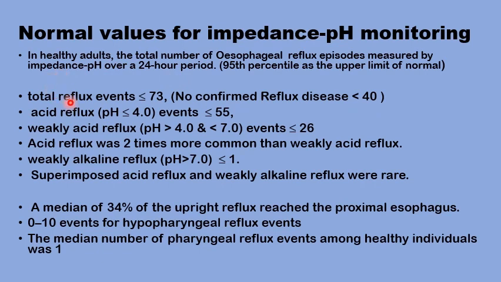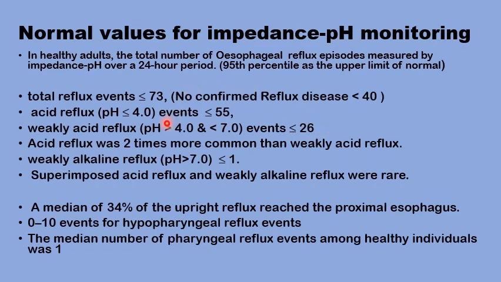The number of acid reflux events out of this total, when the pH drops below 4, would be less than 55 events in 24 hours, and the weakly acidic episodes, when the pH is between 4 and 7, would be about 26 events in a 24 hours period.